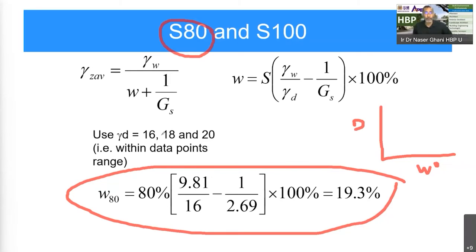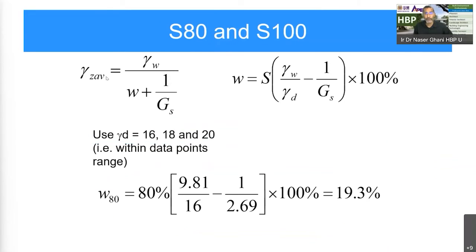Okay. So to do that, we usually use 3 points here, the gamma dry of 16, 18, and 20 to plug into this formula. And then from this formula, we'll be able to locate where would be the moisture content.